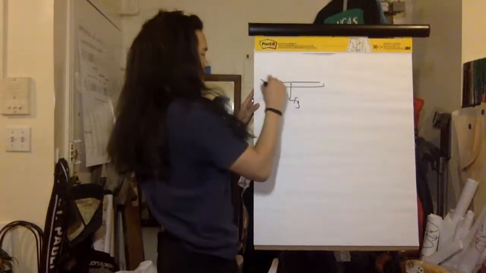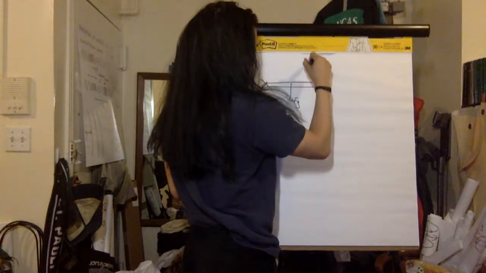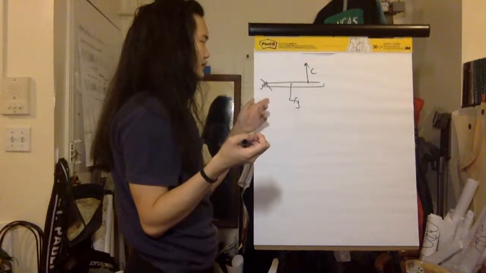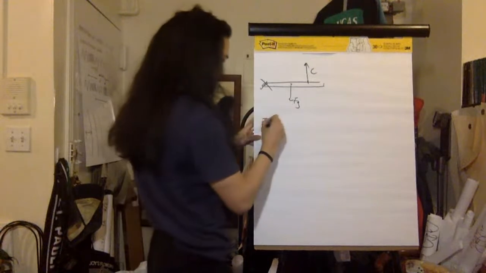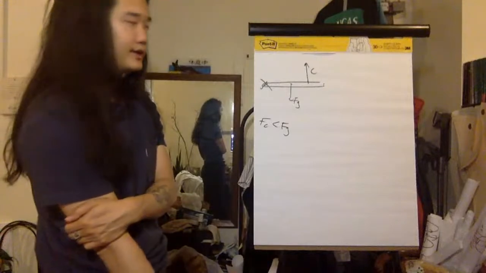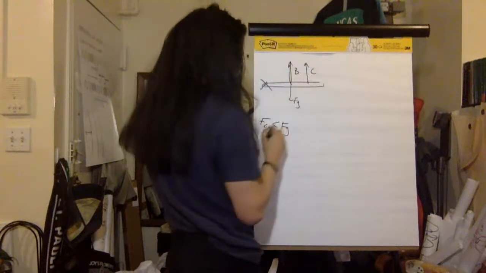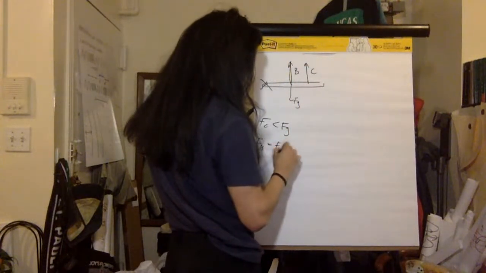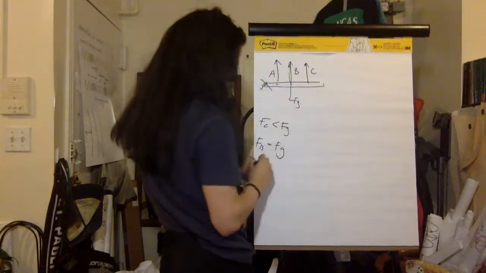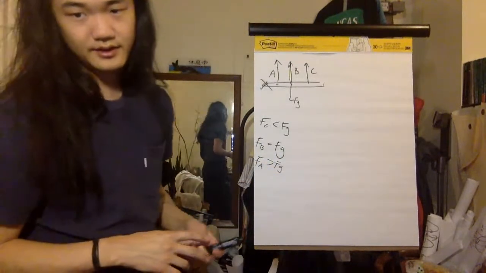And if I choose this to be my pivot, and I choose my thing to be at point C, well, if the torques are equal, then FC is less than FG, right? It's pretty clear, right? If I choose my thing to be at point B, then FB is equal to FG. And if this torque is equal to this torque, then FA is greater than FG. And then the ranking kind of follows. All right.